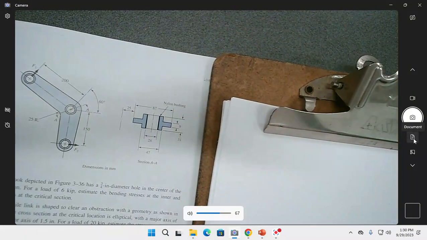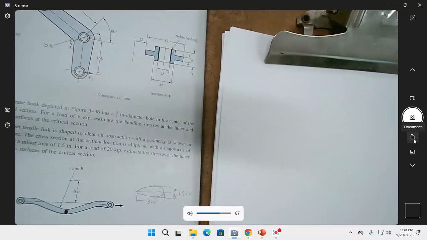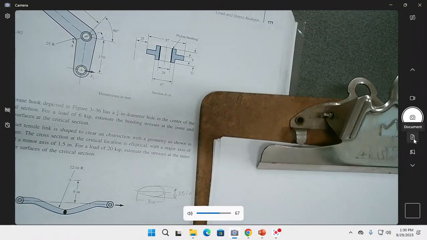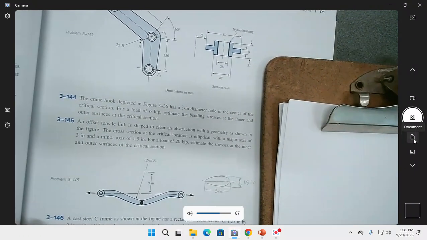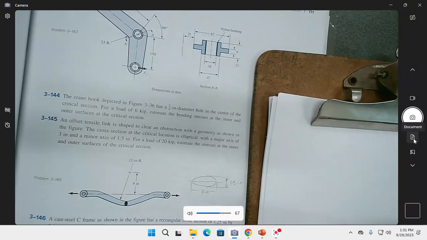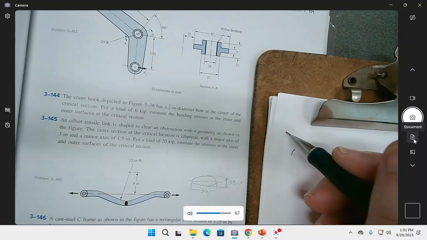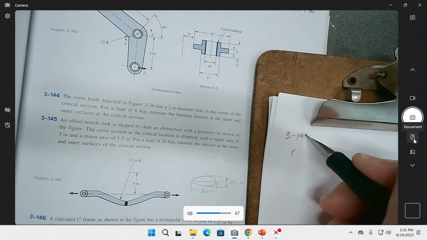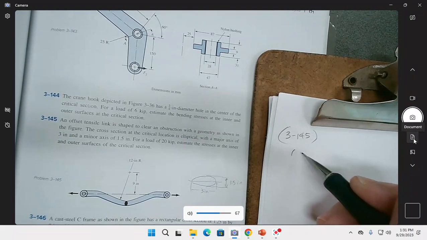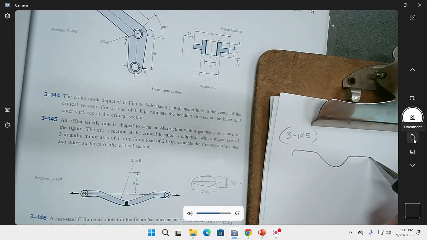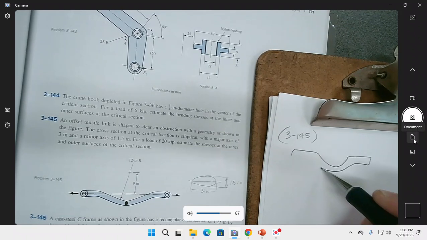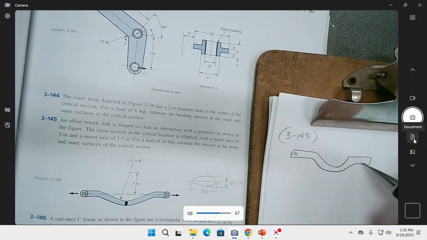How are we doing? Not really great. All right. So this is what 145, but we're going to adjust it. Oh, that was not a grid. Oh, I'm not liking my drawing.